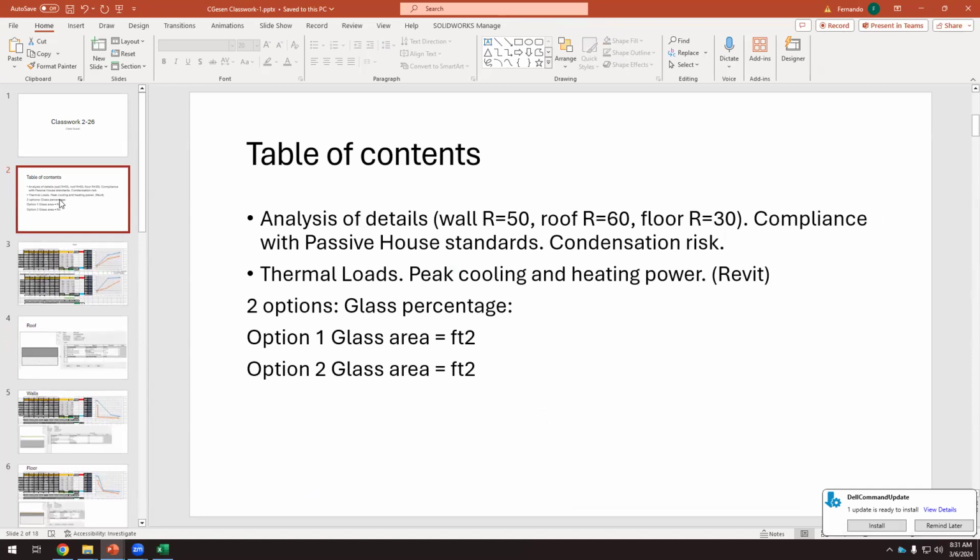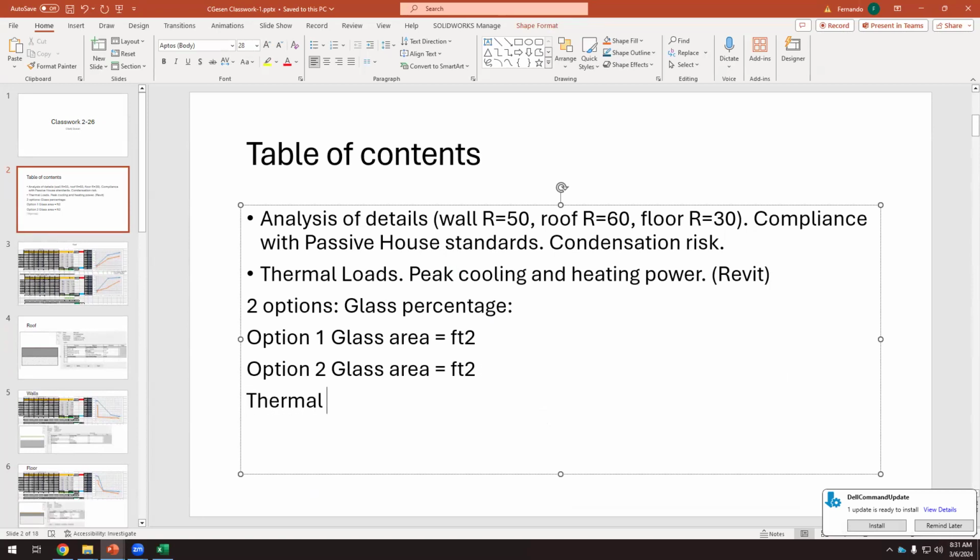So we have thermal loads, peak cooling and heating power. What would be next? We have the thermal bridge analysis.